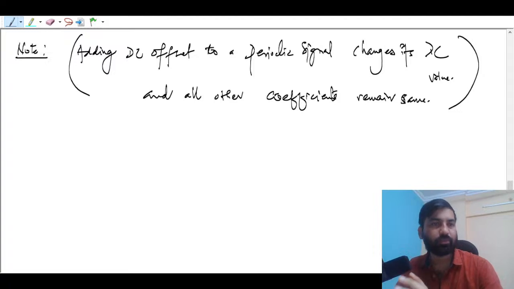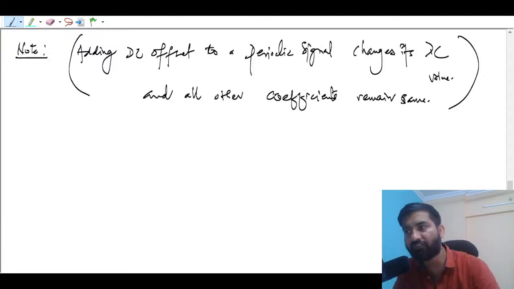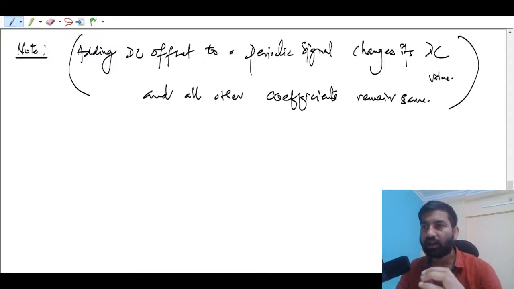Suppose there is an odd symmetry or half wave symmetry. Odd symmetry and half wave symmetry are destroyed by a non-zero DC offset, remember. If you are adding DC to the signal, your symmetry is going to be destroyed. So it is better to check for such symmetry after removing the DC offset, A naught, from the signal.